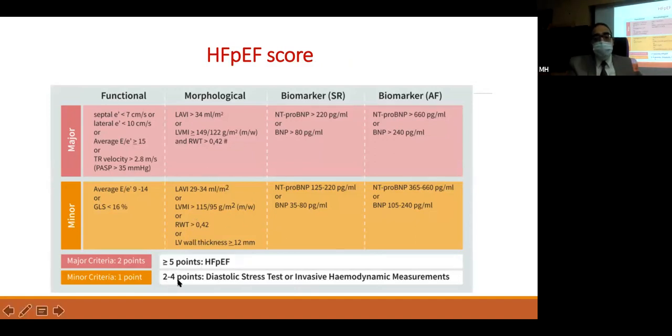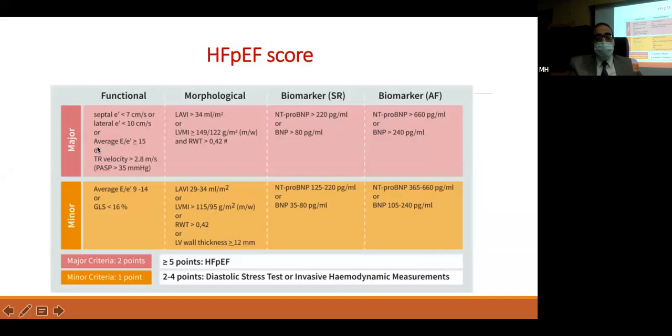If you have 2 to 4 points, you may need to exercise the patient or do some stress test to diagnose LV diastolic dysfunction. The HFpEF score has 3 domains: functional, morphological, and biomarkers. Functional, as we said before, has quite similar numbers.